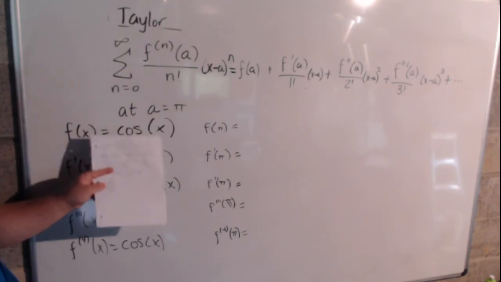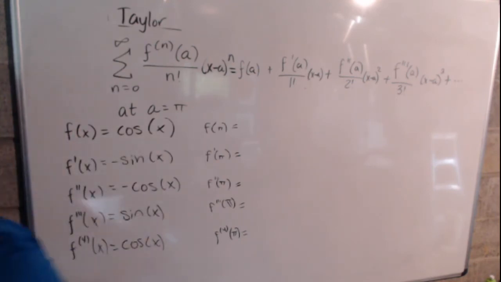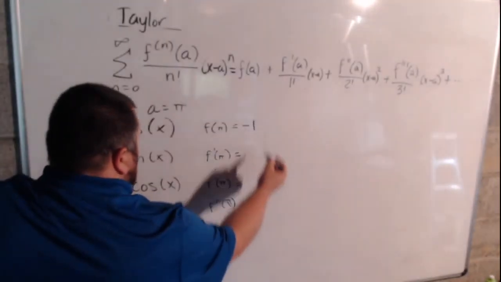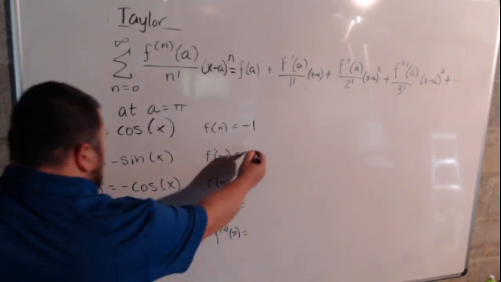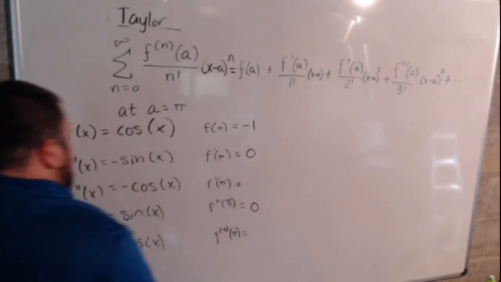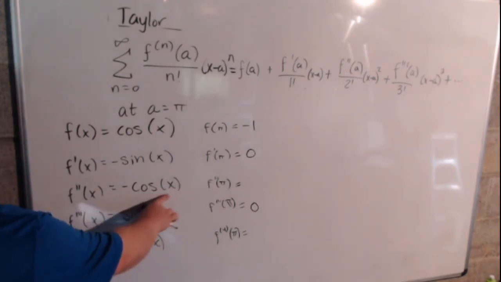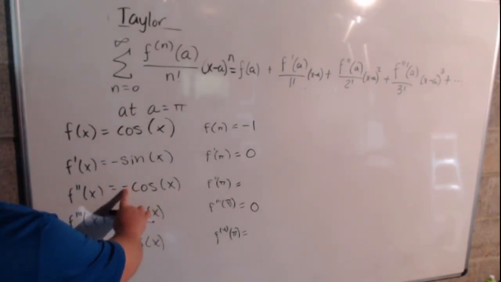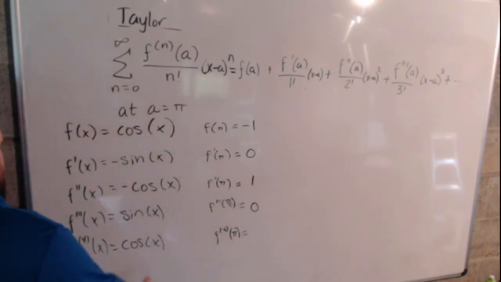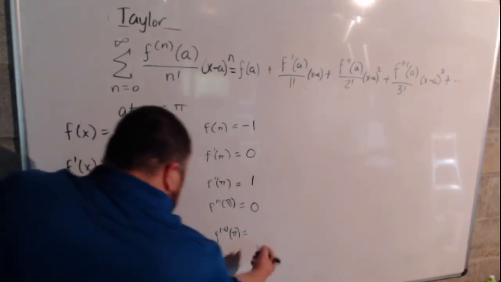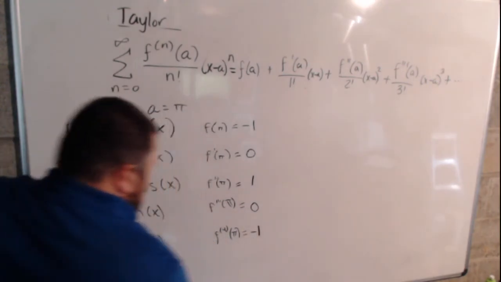So cosine of pi is -1. Any of them that are sine go to 0. Cosine pi is -1 with another negative out front, so +1. And then finally, cosine of pi is -1.